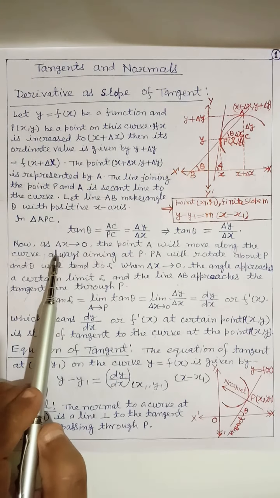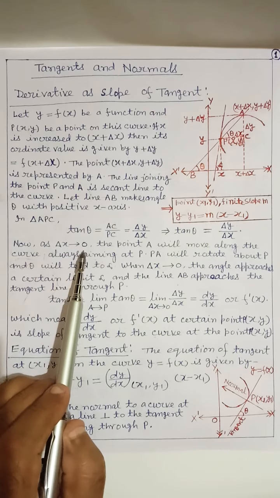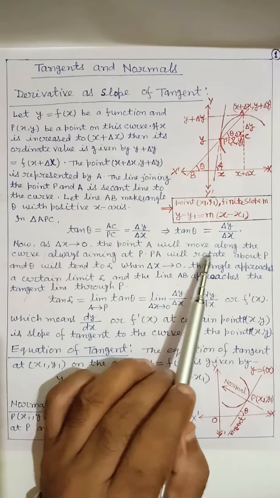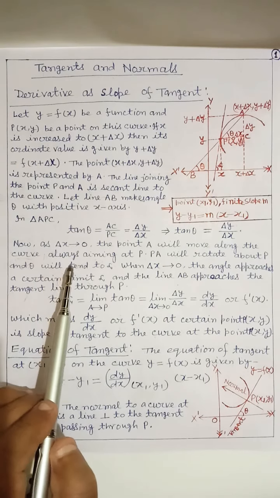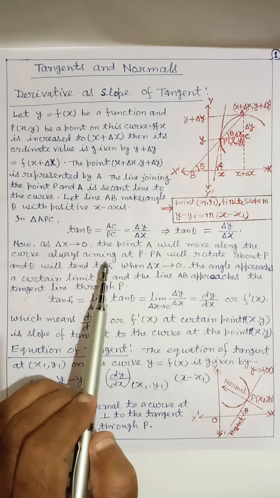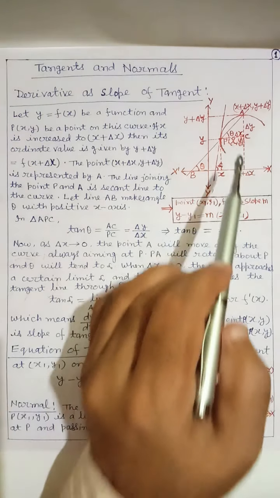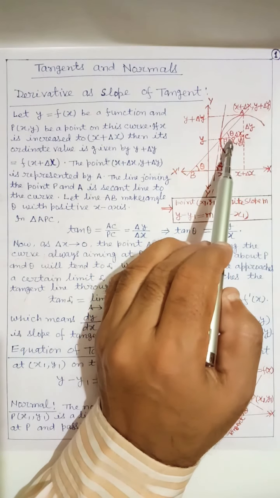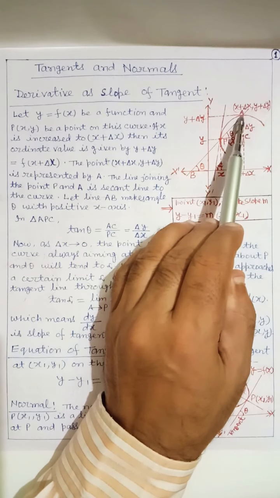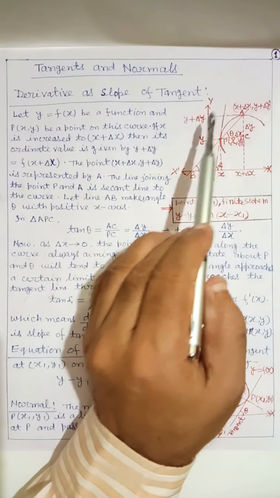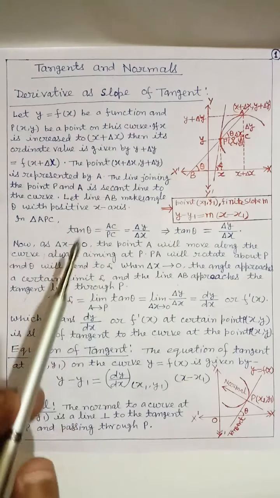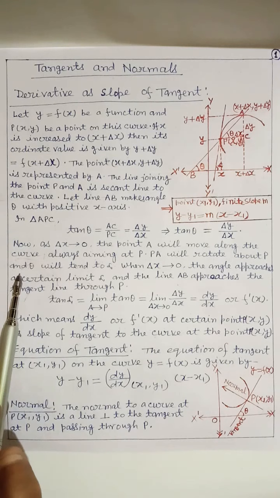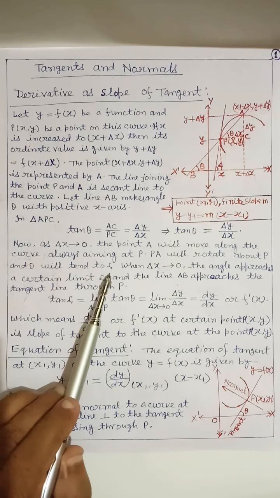Dear students, as delta x tends to 0, what is the meaning? The point A will move along the curve always aiming to coincide with point P. Here, if delta x tends to 0, this point becomes coincident with this point P. PA will rotate about P and theta will tend to alpha.